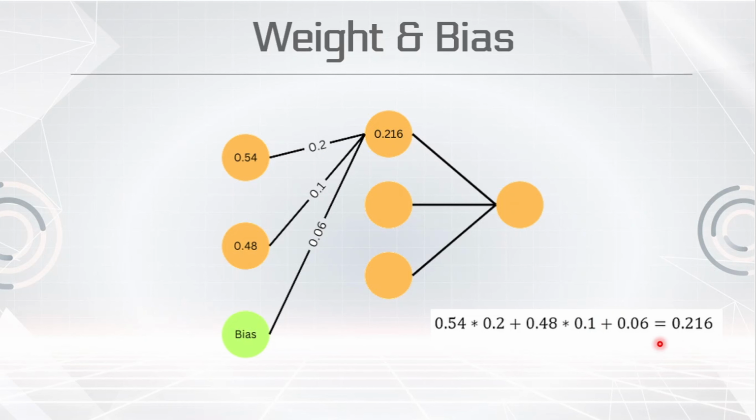The result will be 0.216, which will be the value of the first neuron in the hidden layer. So the weight and bias are the connection points between the layers. The values of weights and biases are initialized randomly, and during the training phase the values are optimized.